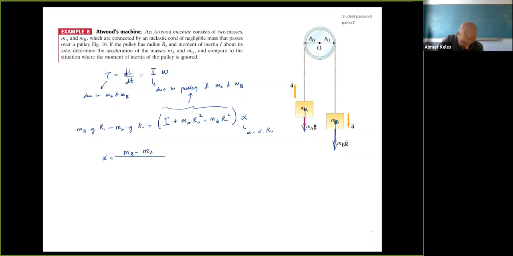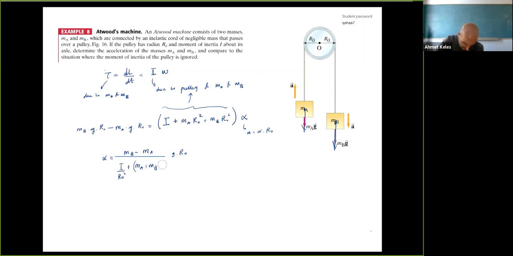So it is I plus MA plus MB times R naught squared, with G times R naught in the numerator. Maybe we can take this R naught squared outside.